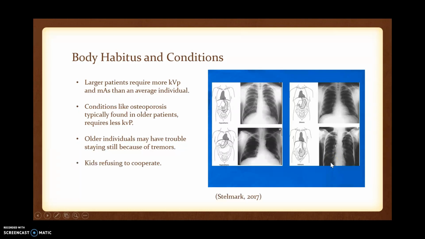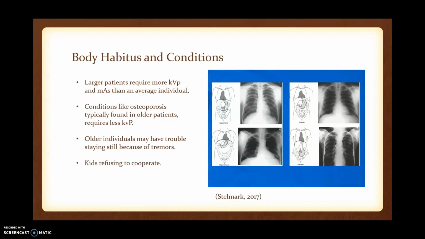So those are some of the factors that will affect the image quality, the body type, because you have to set your KVP and mAs depending on the body type. For example, for a kid, you definitely wouldn't use a high KVP or mAs. Then there are conditions like osteoporosis, which is basically found in older patients, and you would use a lower KVP for that because the bone tissue is not as dense as it would be in a younger, healthier patient.